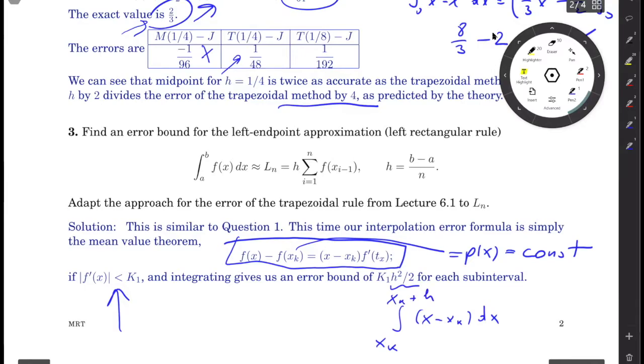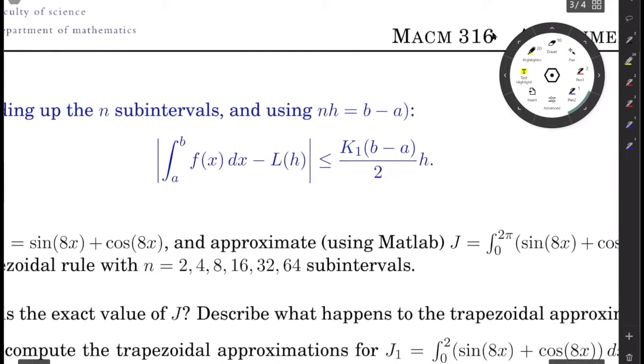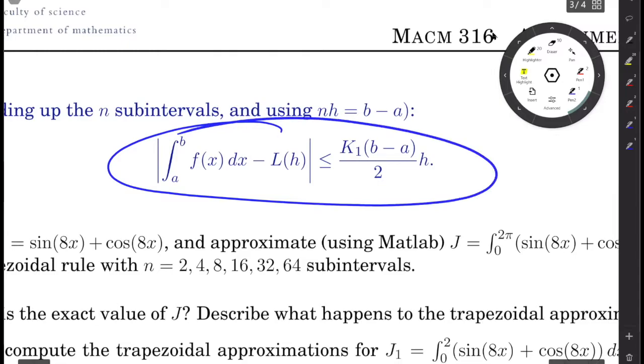Okay, and this is really just looking at the area under the triangle here, right? So that's that, and if you sum this all up, we get this error formula here. So you can see that it's only order h, which is to be expected, and the first derivative bound goes in here, and of course the length of the interval.